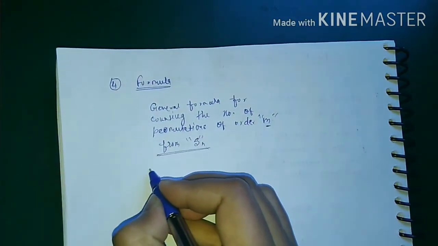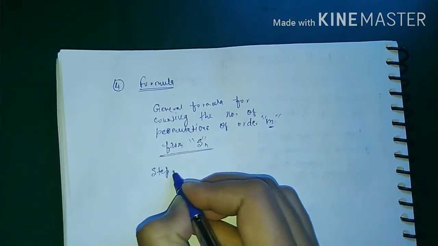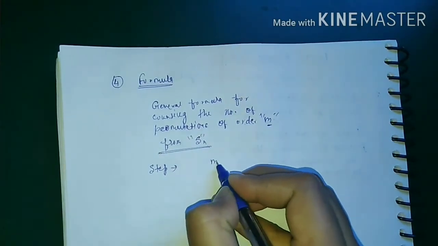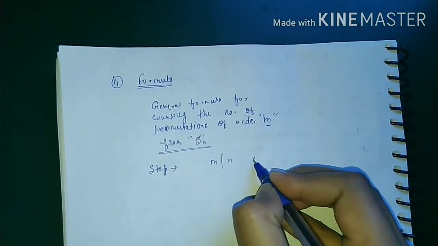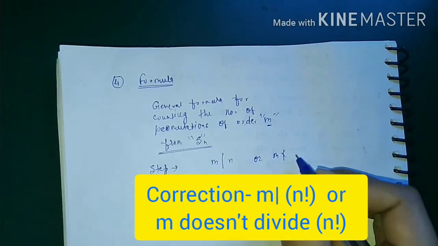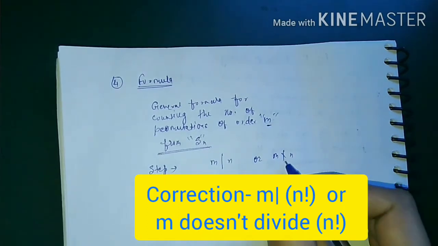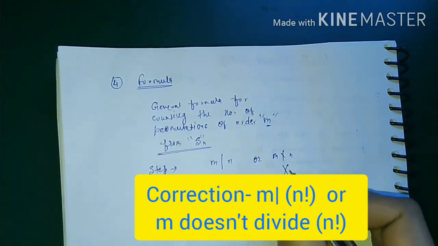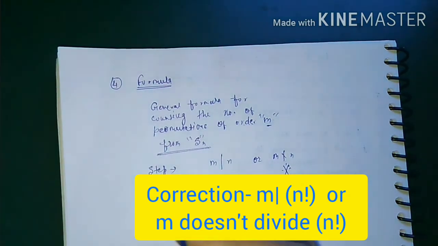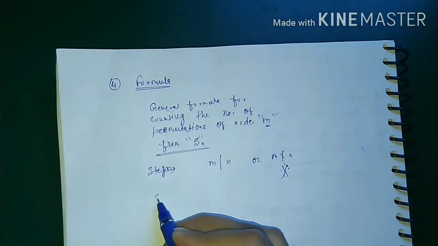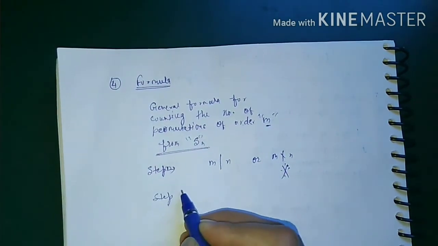For this, in step 1 we have to check whether m divides n or m doesn't divide n. If m doesn't divide n, then there doesn't exist any such element. If m divides n, then we will follow the following steps.